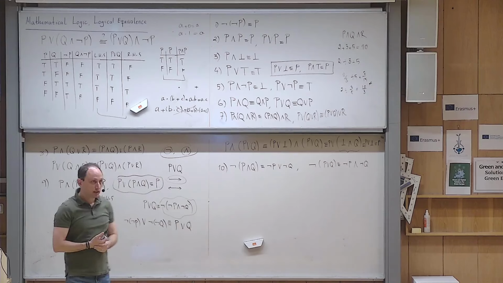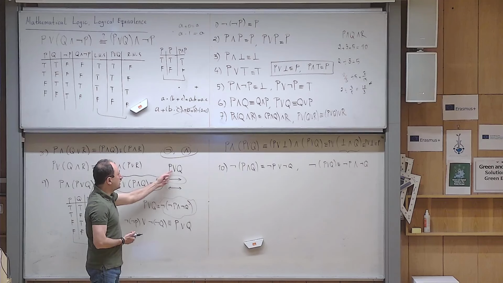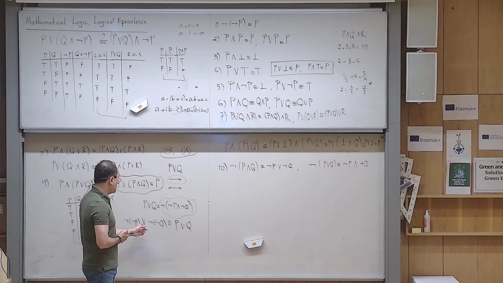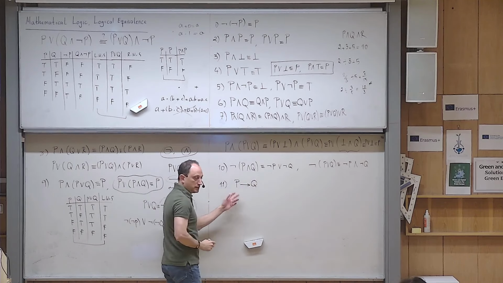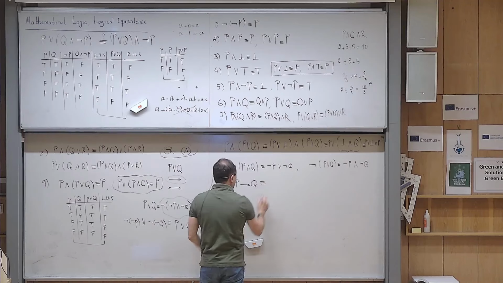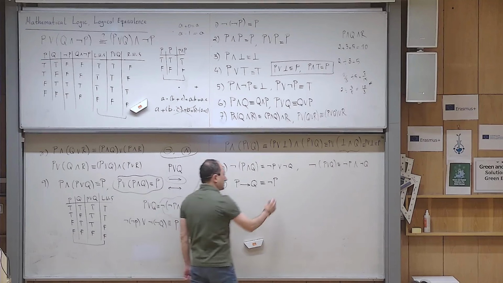Now, you don't need to only use these two. You can also bring or in here, because you already know how to write or in terms of these two operations. So the next theorem that I want you to know is this. Any conditional, this is simple but very important, is equivalent to the negation of the first one or the second one itself.